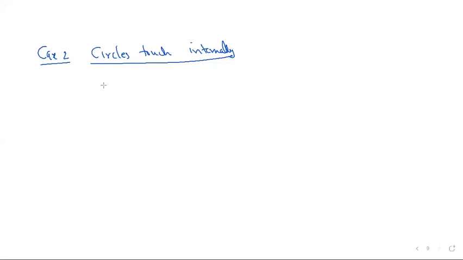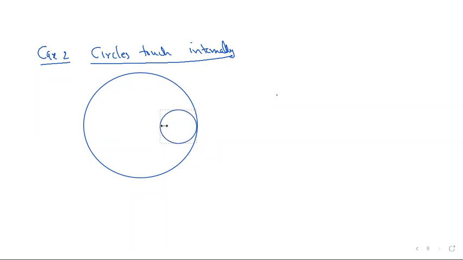So how to draw it? One circle like this, a little bigger circle. Then a smaller circle inside that, and inside that one more circle. Then mark the center of the circles. Then join it like this.